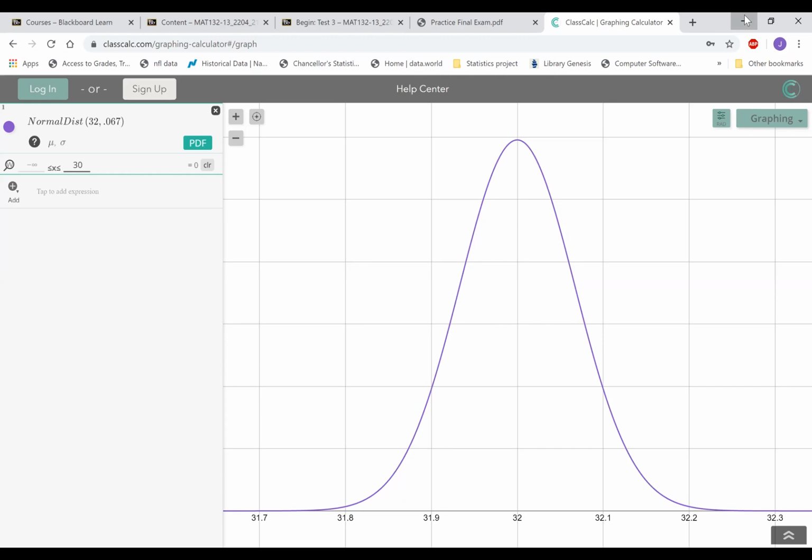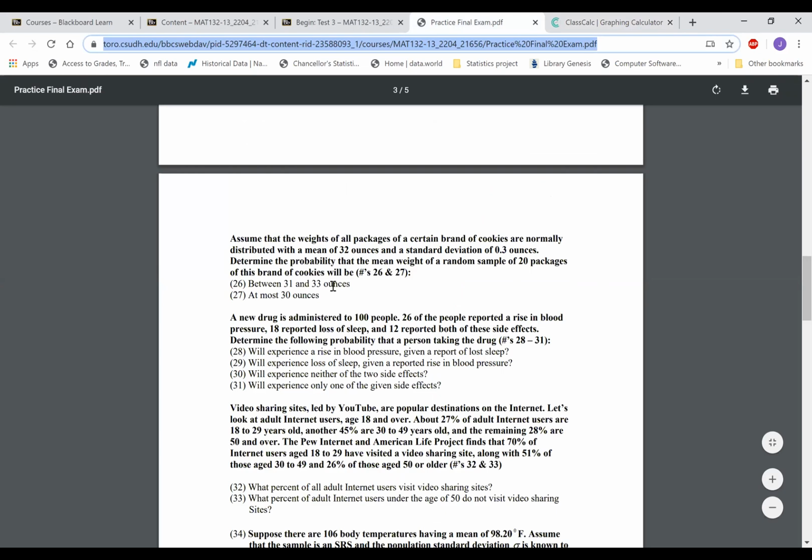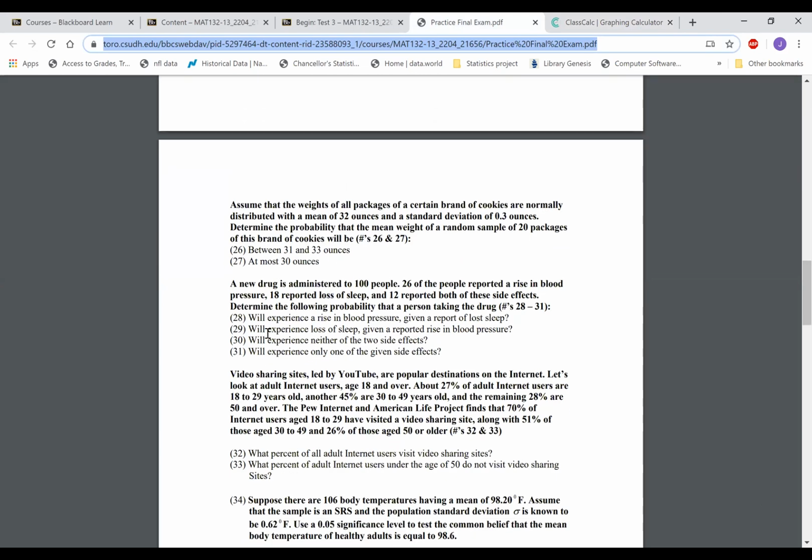All right, 29. So let's look at 29. All right, so let's see this one. If you look at this problem, they tell us they have 100 people. So let me write down they have 100 people. It said 26 of the people reported a rise in blood pressure.